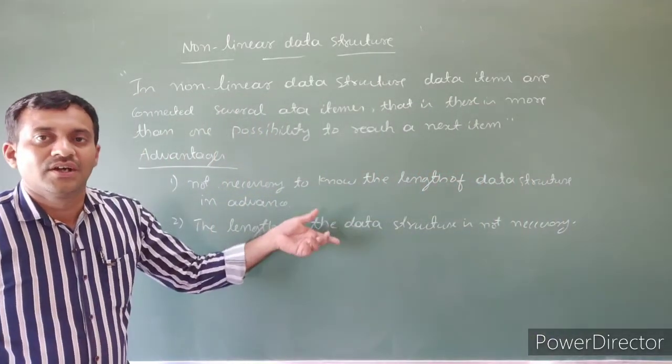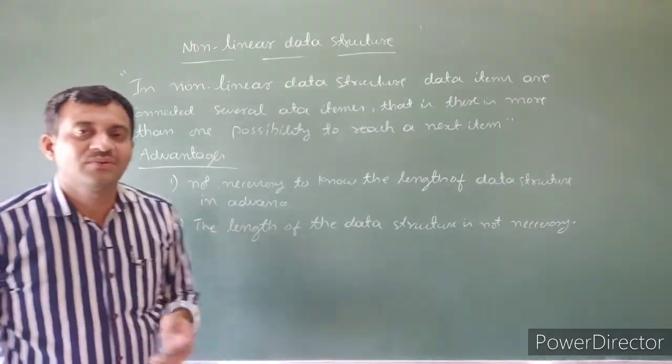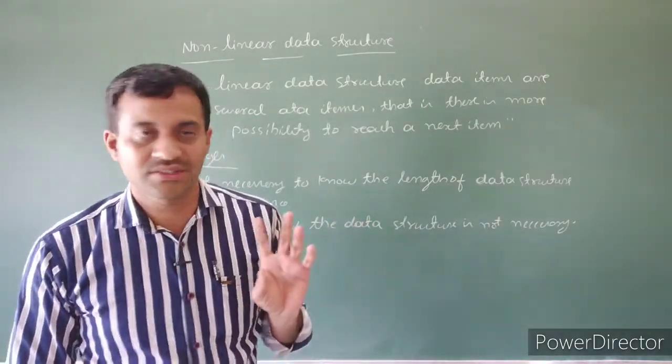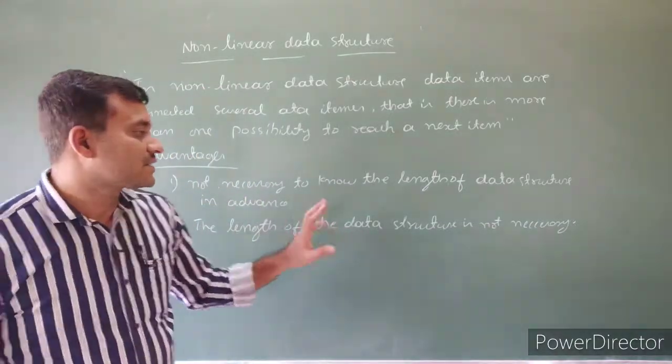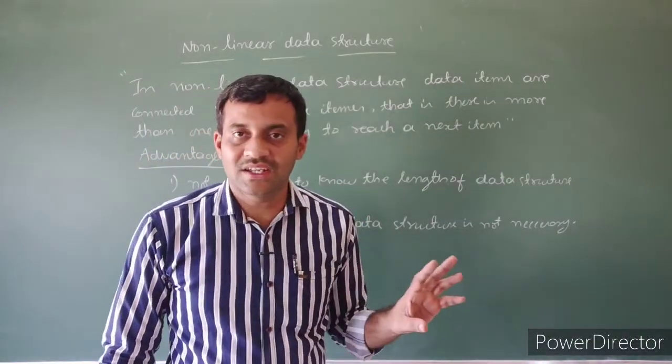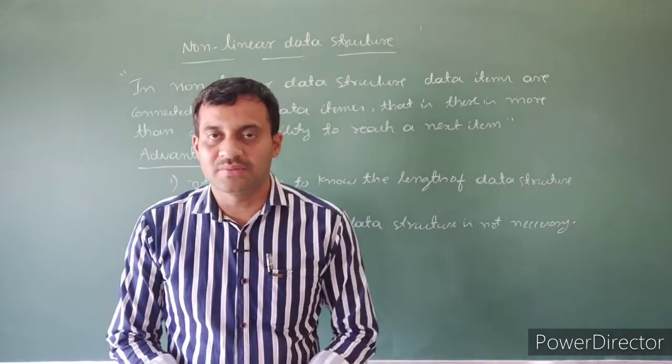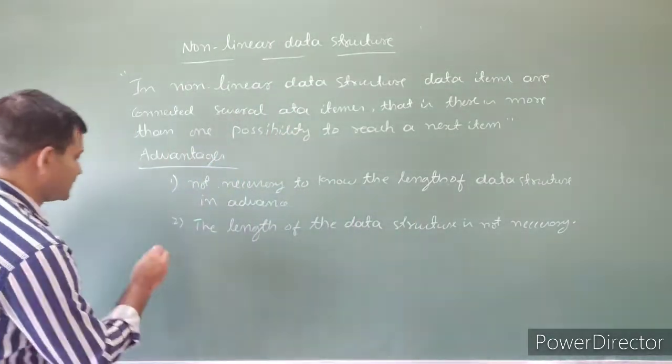These are the two advantages. The first is that we need not know the length of the data structure in advance. Then the length of the data structure is not necessary because there is more than one possibility to the next item. Then disadvantage.